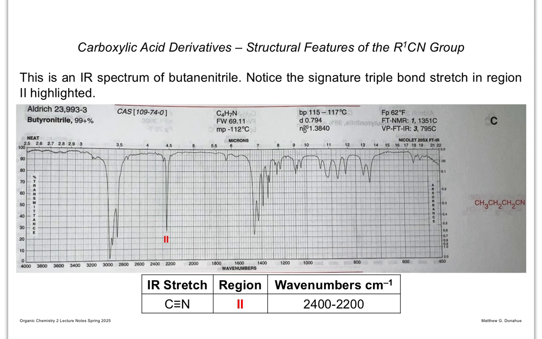So this is the 4-carbon nitrile. And then in region 2 here, there's that sharp signal. And by sharp, I mean it goes down and then immediately back up. It doesn't span a whole large range of wave numbers.